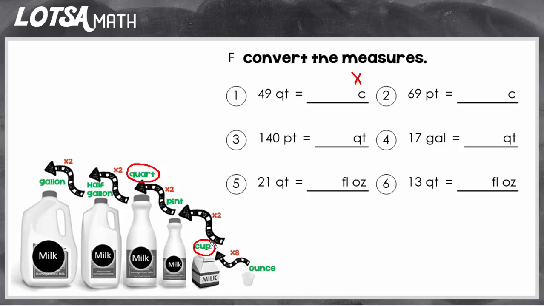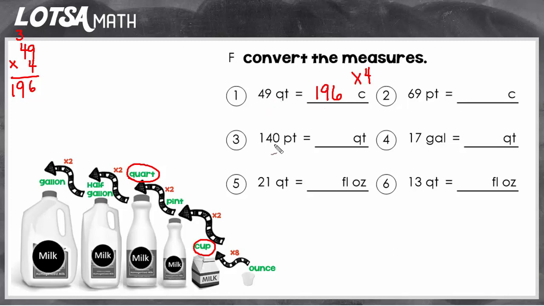So you start with 2 and you multiply by the other 2 and you get 4. So your conversion rate is going to be 4. So to find how many cups, you would have to do 49 times 4. And you would get 196. So there are 196 cups in 49 quarts.